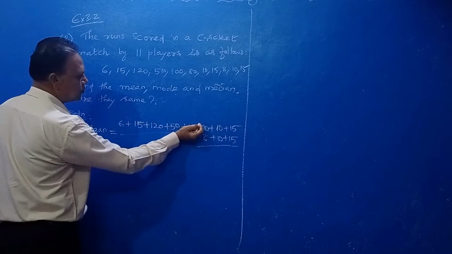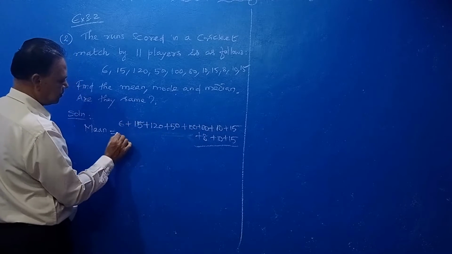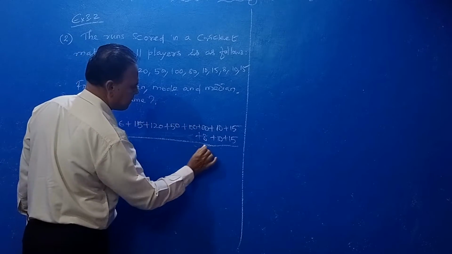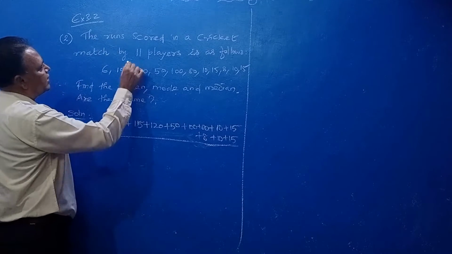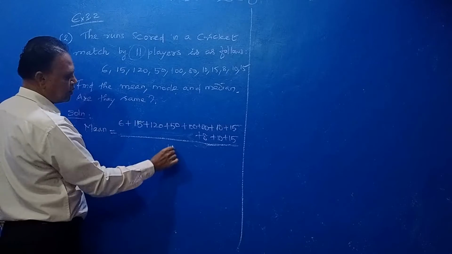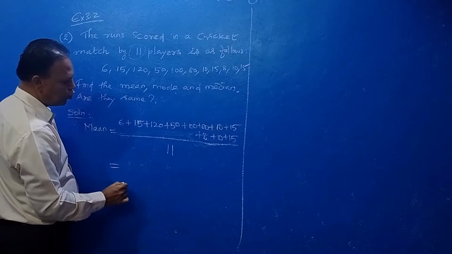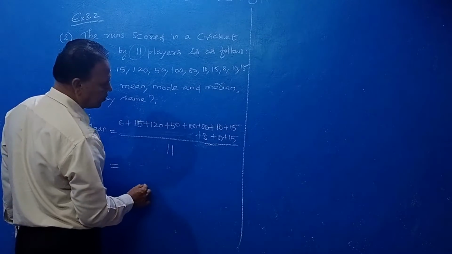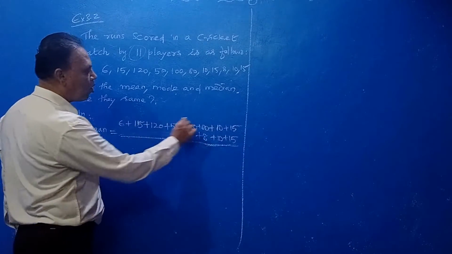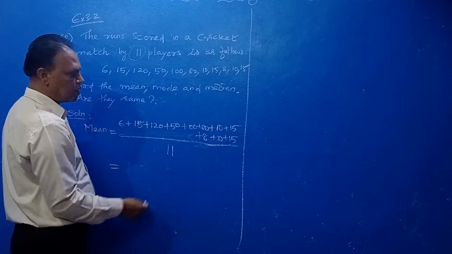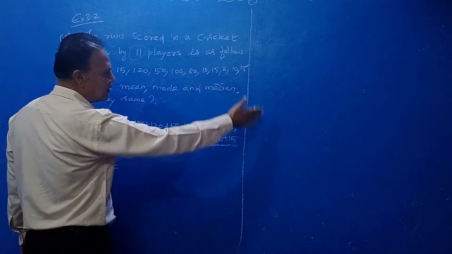Add all the observations. How many observations are there? Already given, 11. So divide by 11. You add all the observations. Write 5 data in one column, then again 5 data.